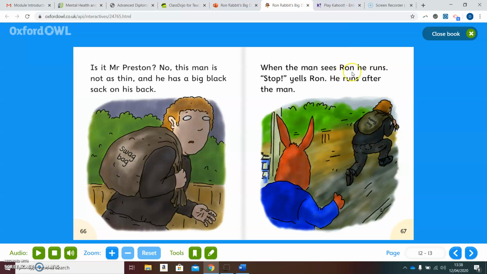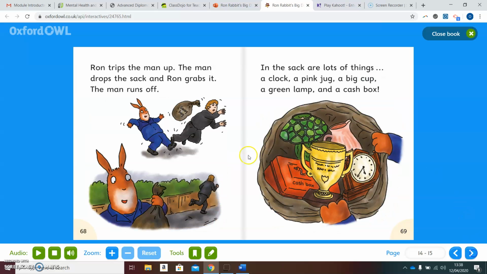When the man sees Ron, he runs. Stop, yells Ron. He runs after the man. Ron trips the man up. The man drops the sack and Ron grabs it. The man runs off. In the sack are lots of things. A clock, a pink jug, a big cup, a green lamp, and a cash box.